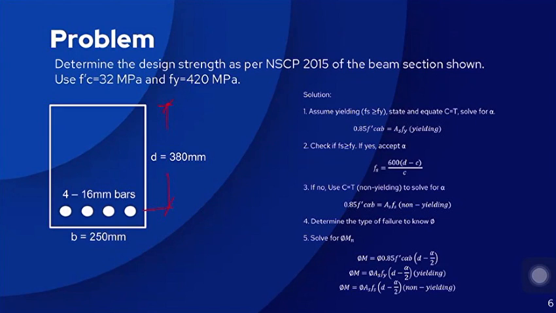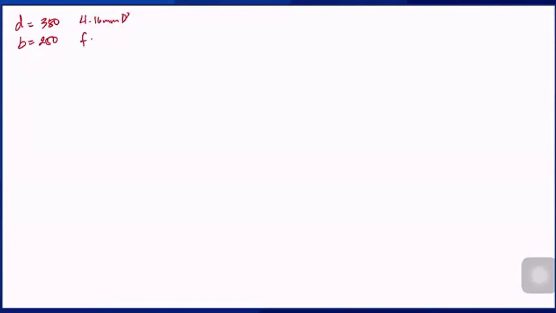So first, that's 416, 380, and 250. Reinforced with 416 mm diameter bar. What is FC prime? 32, 420. So we assume that this is the neutral axis.